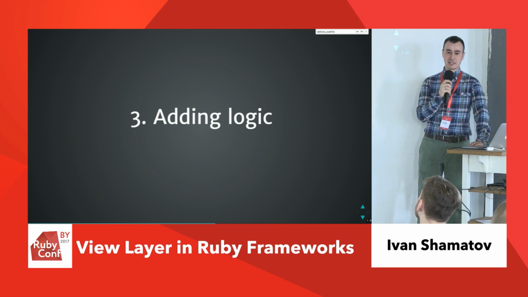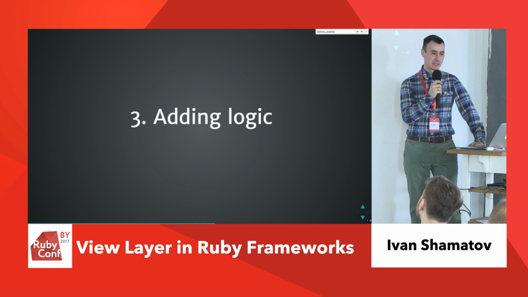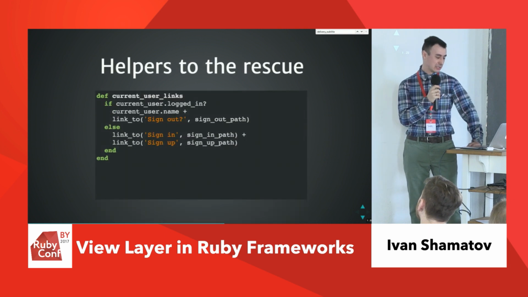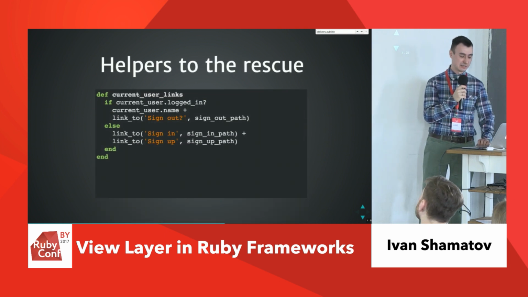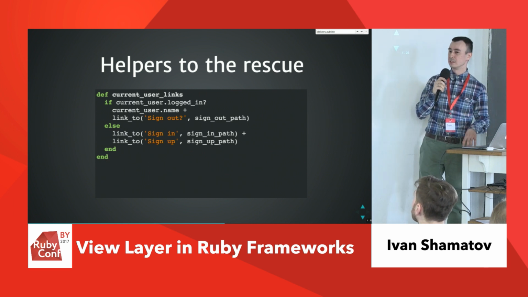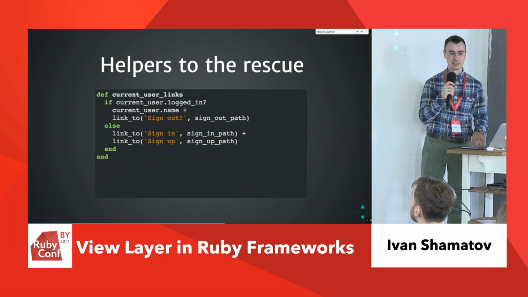After that, you add some logic inside views, and that logic is growing too. I guess most of you saw in your projects a scenario like checking if the current user is logged in, and you should show their name and a link to sign out, and something else in another case, right?